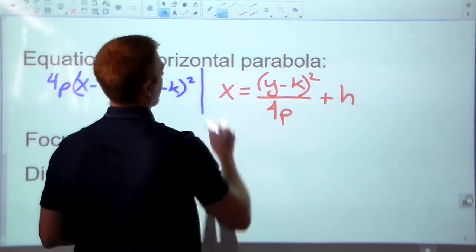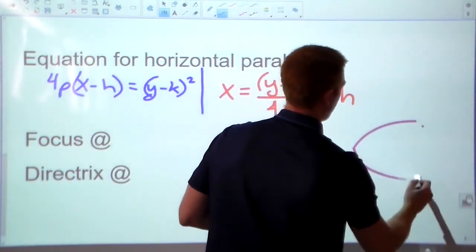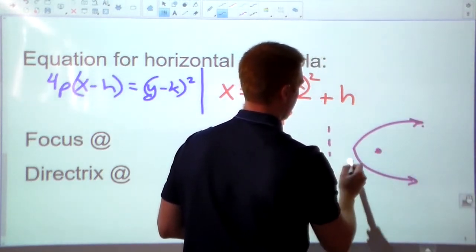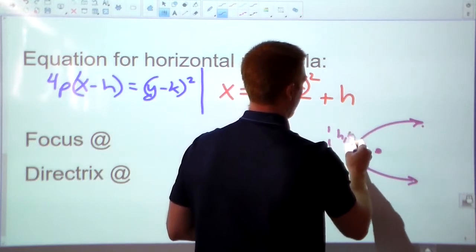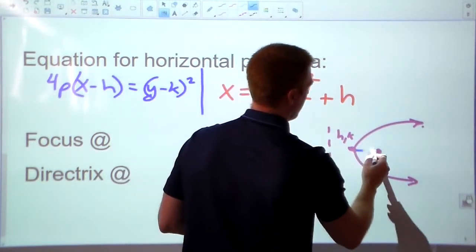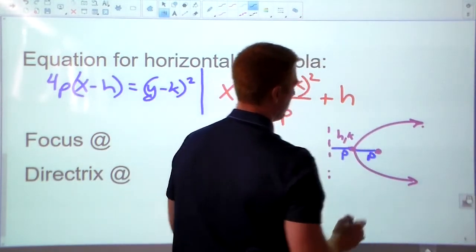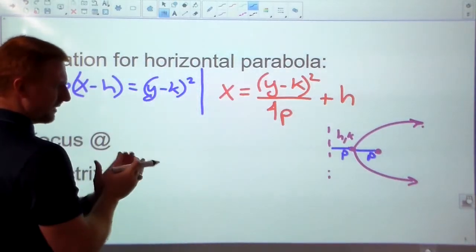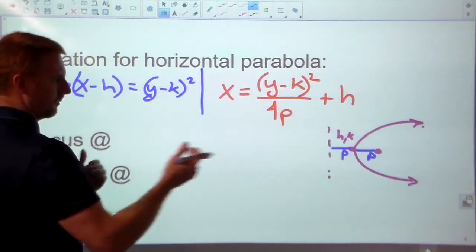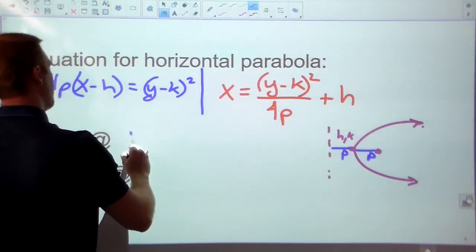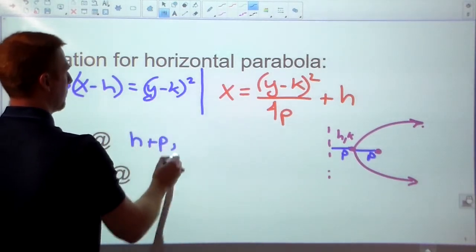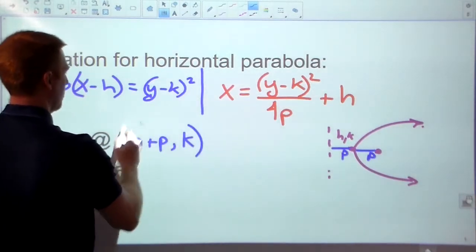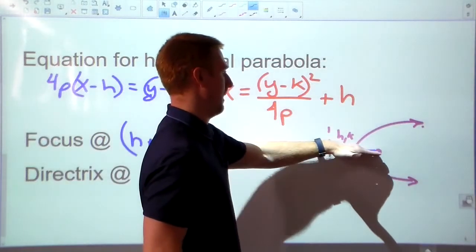All right, just to make a quick sketch here. It's sideways, the focus is inside the parabola, the directrix is behind it. Still (h, k), and we're still looking to be p away for the focus and the directrix. So with the focus, this time you're changing the horizontal value, so it's h plus p, but your k value, your y value, is still going to be the same, because you're not moving up or down to get to the focus.